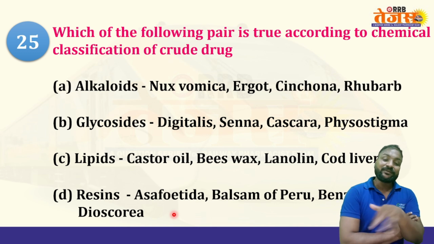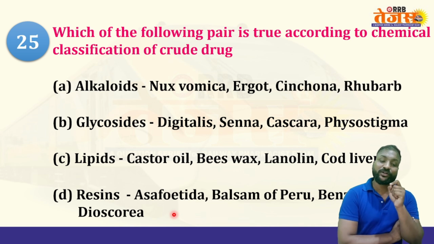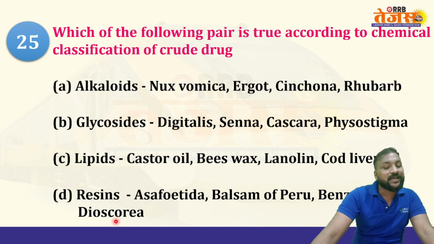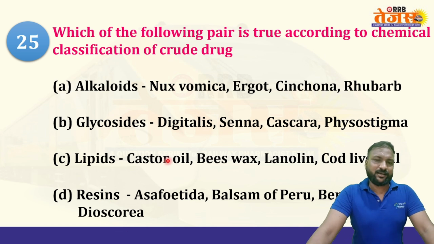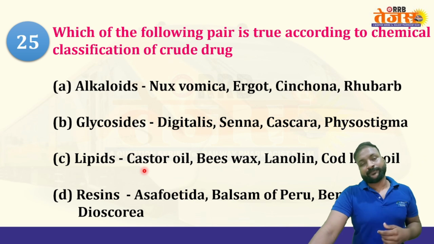But here they are asking which are true according to the chemical classification, so you should look for that. They gave four options: alkaloids, glycosides, lipids, resins. You need to check which plants belong to which classification. That's the way you need to start.